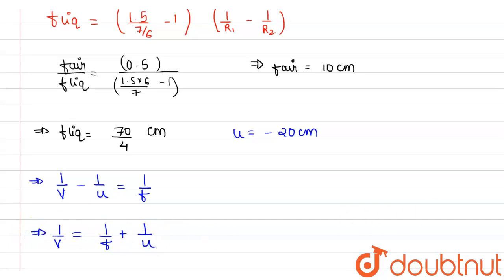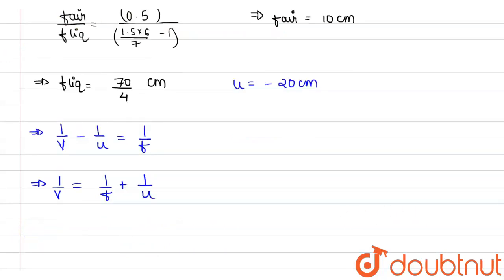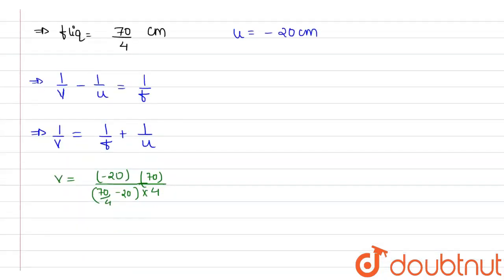Putting the values, v will be u into f, minus 20 into 70 by 4, upon f plus u, which is 70 by 4 minus 20. Its value comes exactly 140 centimeter, positive.